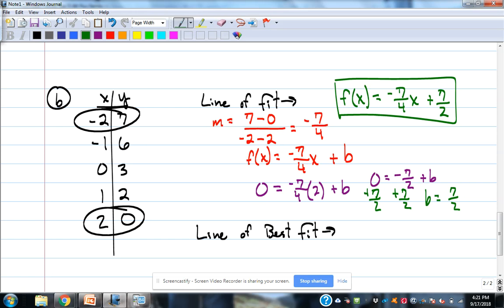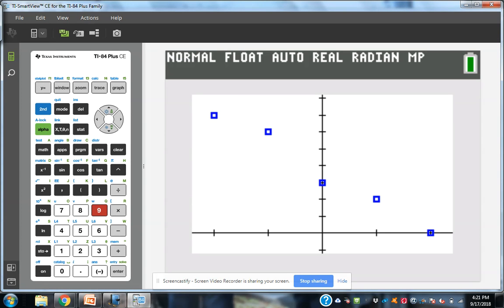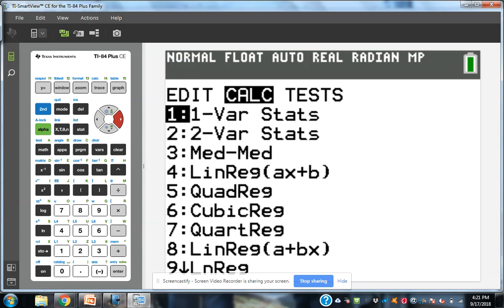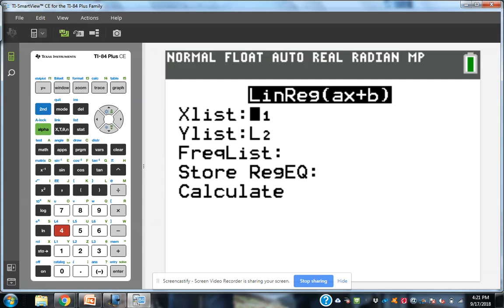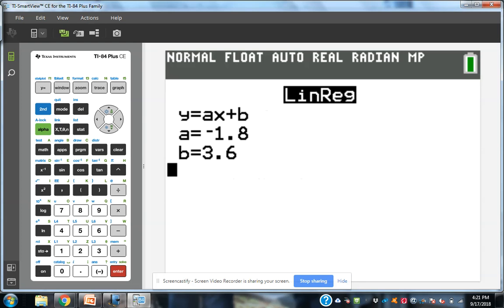I want to see how close that is to my line of best fit. So to find the line of best fit, go to the calculator, hit stat, go over to calc, select number 4, go down there, and tell it to work that out.